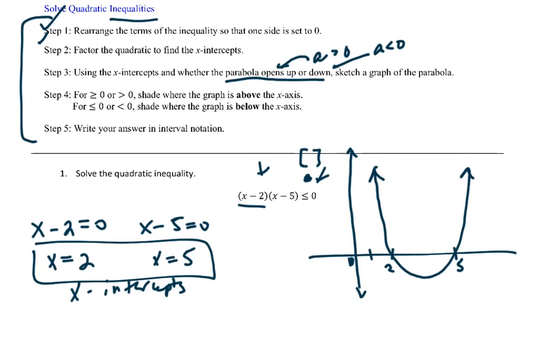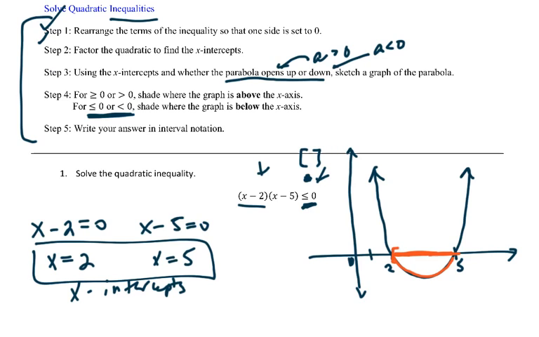Okay, cool. And so because we're looking at the quadratic inequality where we're dealing with a less than or equal to 0, we're going to shade where the graph is below the x-axis. The graph of this parabola is below the x-axis between 2 and 5 inclusive.